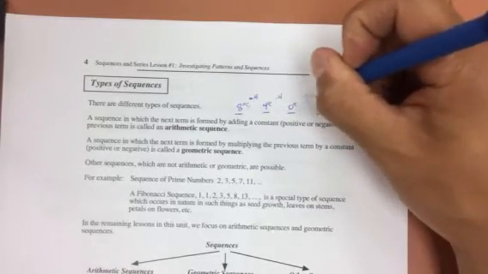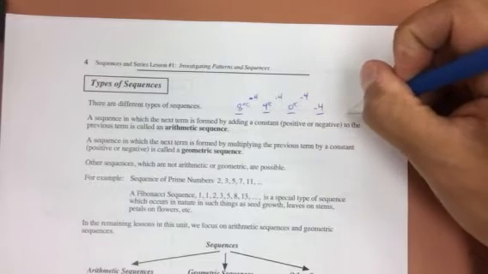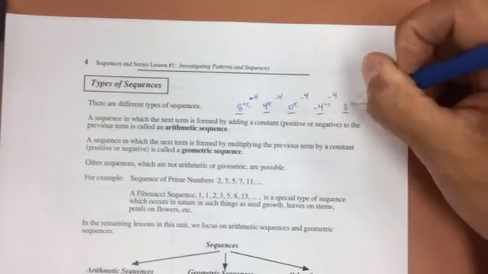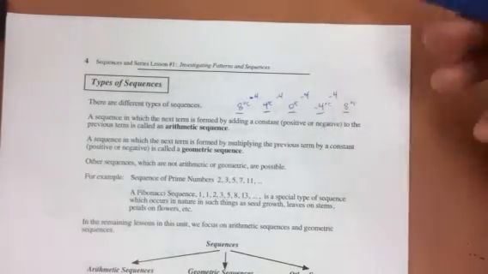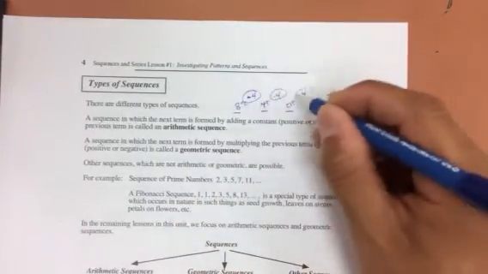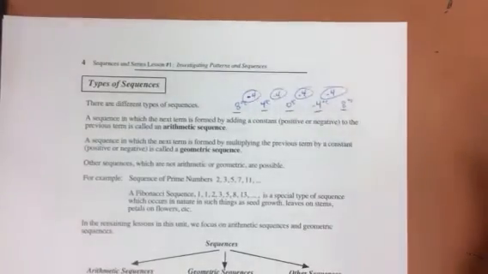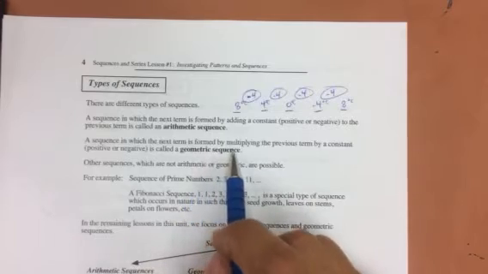And if I continue on with that same pattern, then I'm eventually going to be at negative 8 degrees Celsius on the 5th day, which we looked at. So this would be an example of an arithmetic sequence where everything happened by adding or subtracting a positive or negative integer.